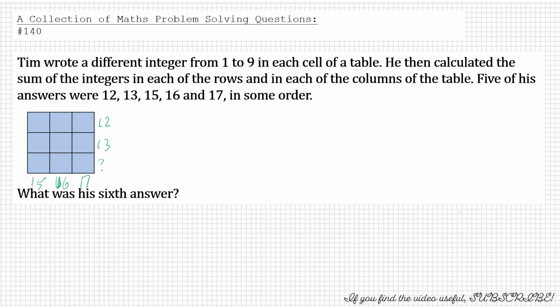Whichever way you go, you could have it in any way. You could have this one as 12, this one as 13, or 15, 16, 17, and maybe you don't know the top total. So it doesn't matter.